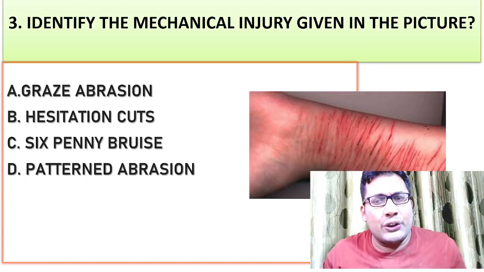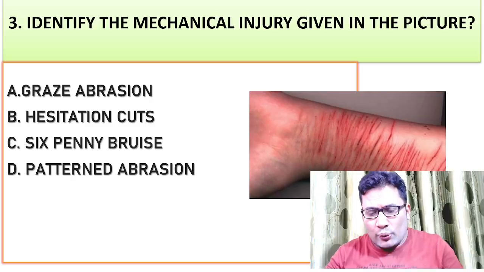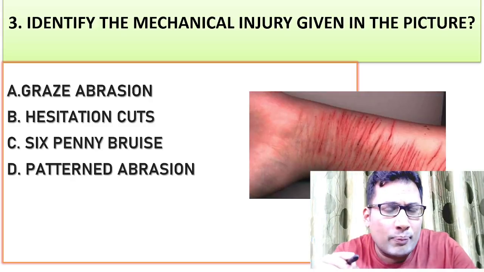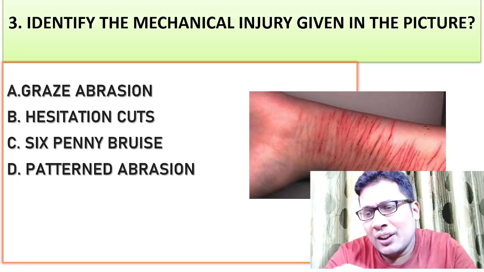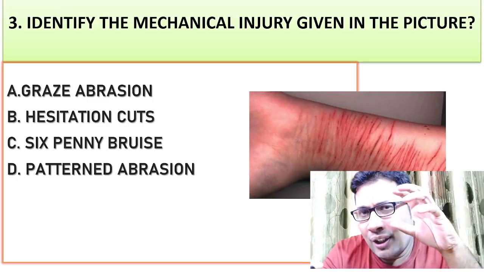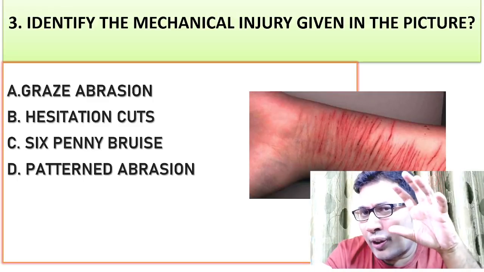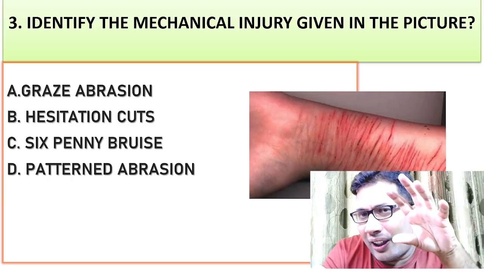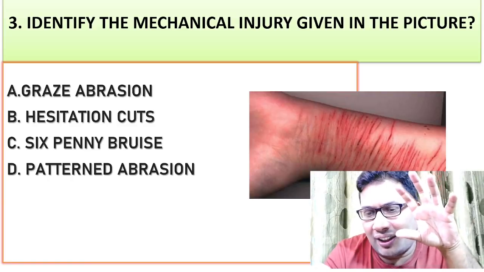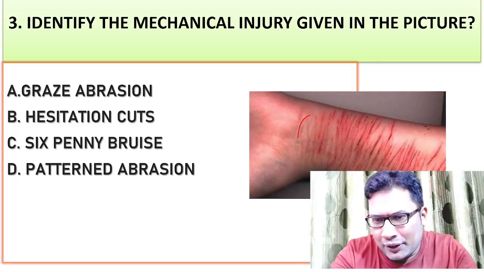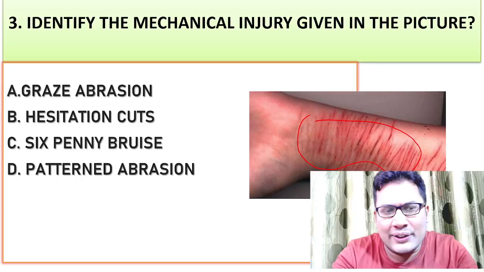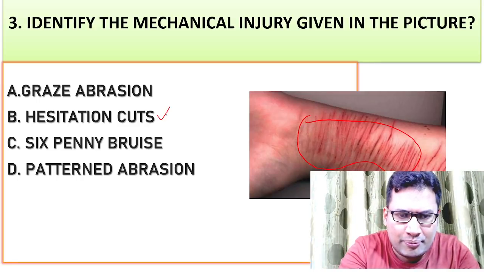Identify the mechanical injury given in the picture. The picture which I got from the students. There were multiple cuts over the forearm, and there was a main cut at the center. So this is probably a case of hesitation cuts.